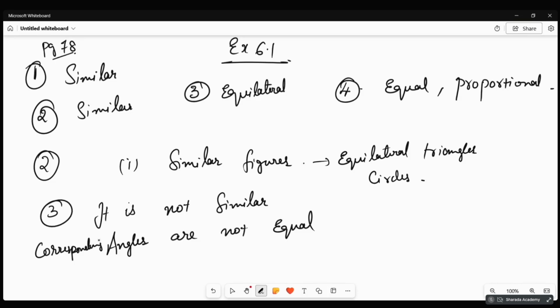I need two days, afterwards I'll give. Monday I will give that. Okay. Corresponding angles are not equal, so it is not similar. Next Saturday.